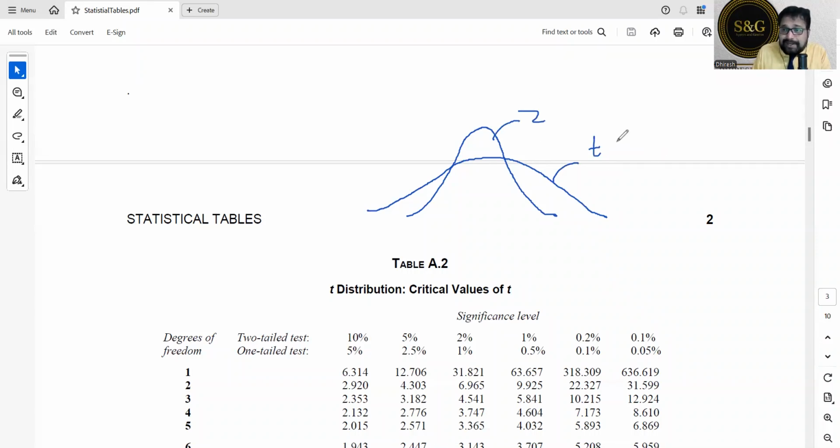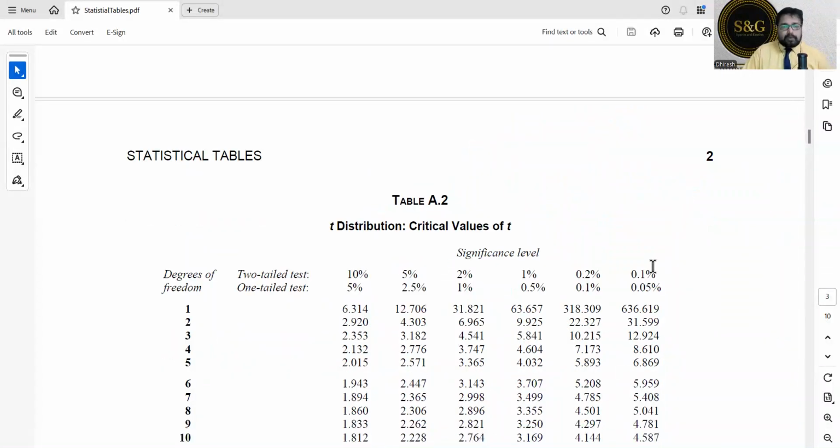This is when the sample size N is less than 30. Less than 30, go for T distribution. If N is greater than or equal to 30, go for Z distribution. If you increase the sample size of the T distribution, it naturally takes the shape of the Z distribution. So the calculation below this is done for the T distribution, just for your understanding.